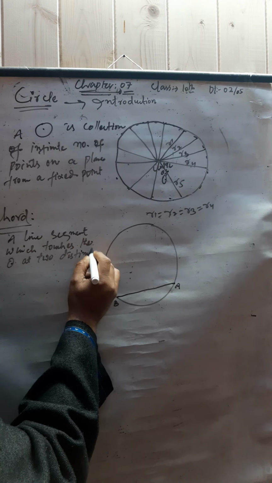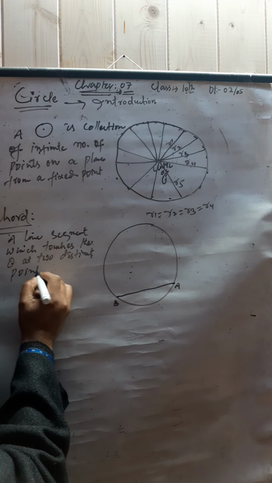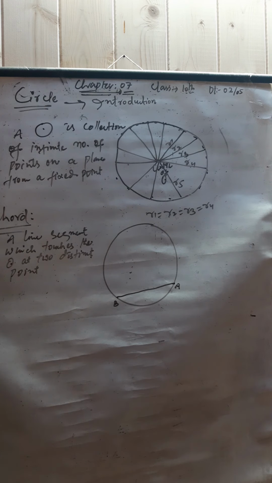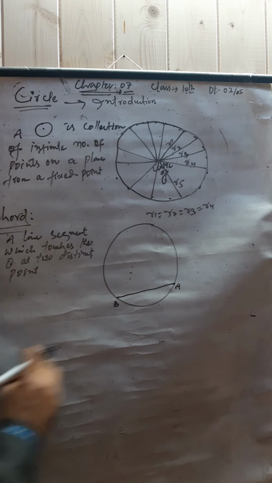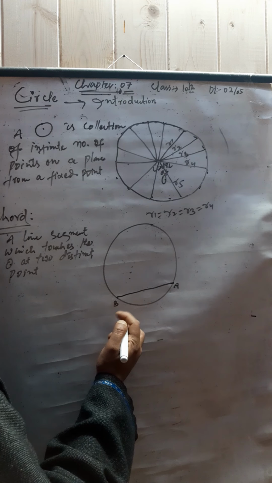Distinct, as you are aware, means different points. Two distinct points is known as the chord of a circle. So chord, once again, is a line segment which touches the circle at two distinct points.